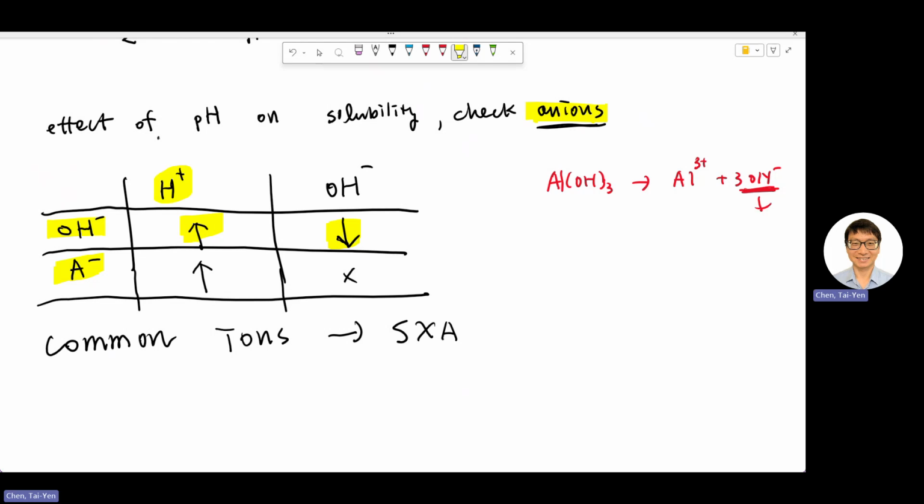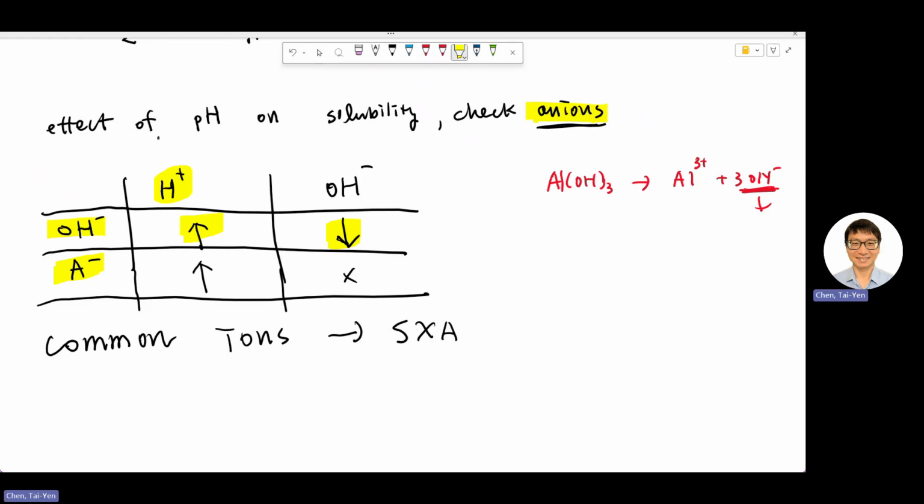So iodide, I minus, bromide, chloride, those things, SO4 2 minus, NO3 minus, those are neutral. Acid and base doesn't influence or change the solubility. Those are the basic things that we need to memorize and understand.